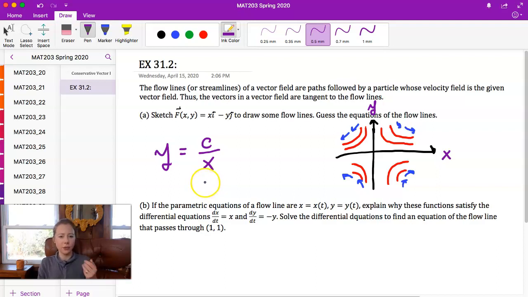This is one of those cases where it's a little more straightforward than it seems. Quite simply, y is equal to 1 over x, where x is greater than 0, so you can't have 0 in the denominator. If we have x equal to 1, we get y equals 1 out. So that would be an example of an equation of the flow line that passes through (1, 1).